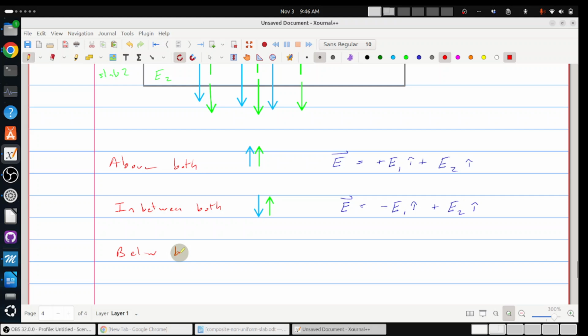And below both of them, they're both pointed down.